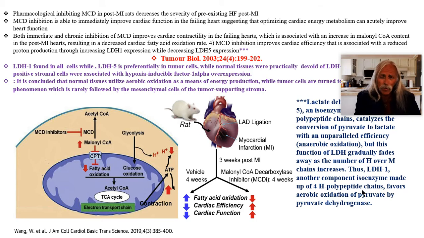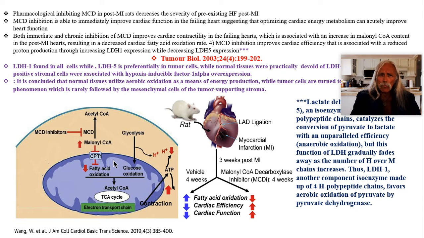And maybe it acutely improves heart function, at least in this ischemic response. So we'll see. Oh, by the way, this paper is from the Journal of American College of Cardiology: Basic to Translational Science, published just last year, 2019. So that's where this paper is coming from. The last one was 2009. This one was 10 years later, so not even a year ago, 6 or 7 months ago.